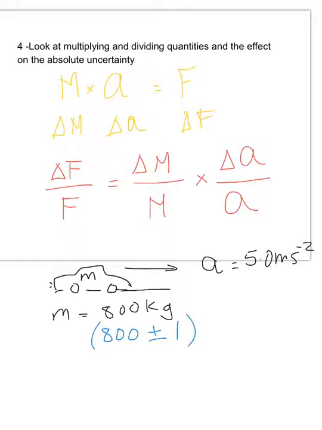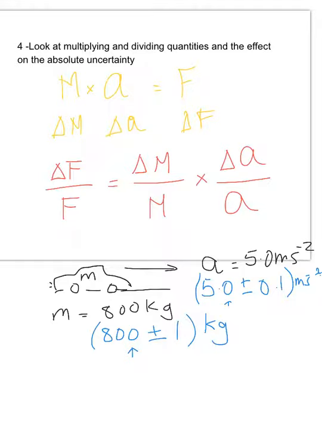So this mass, 800, has an uncertainty, using its smallest possible interval, of plus or minus 1 kilogram. Okay? And the acceleration has an uncertainty, if we look at the smallest possible interval, plus or minus 0.1 ms^-2, assuming that all of these have been measured with digital instruments. If that doesn't mean anything to you, don't worry, because we're going to stick to just the calculations for now.